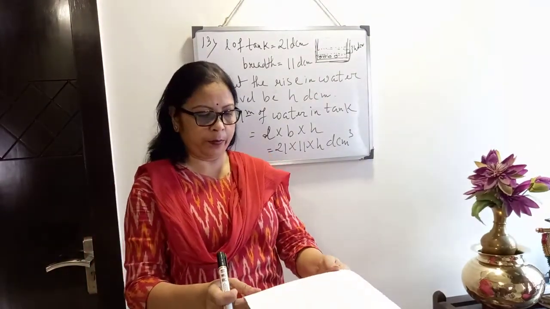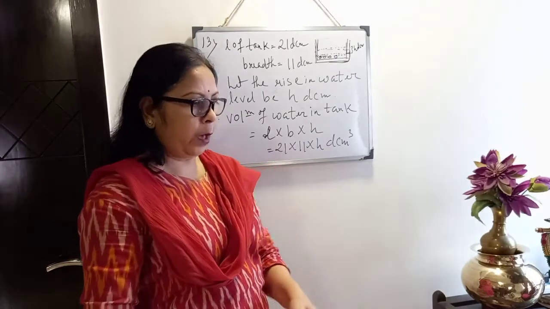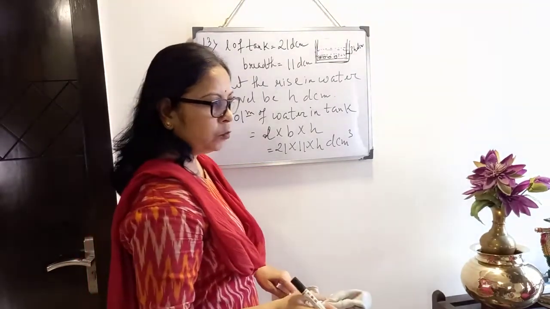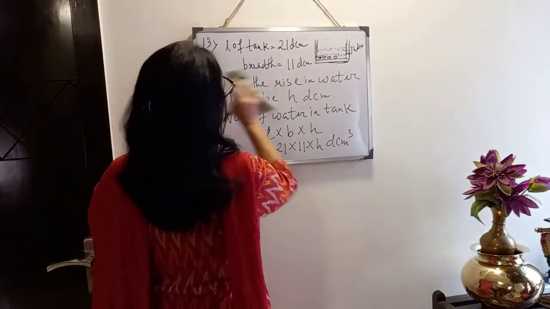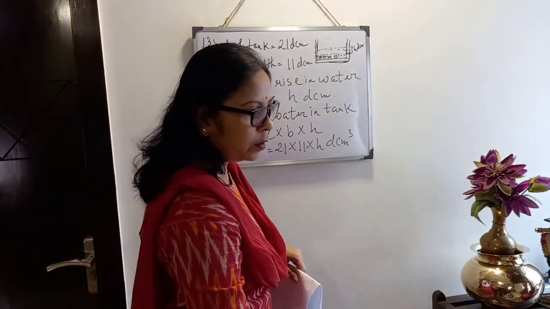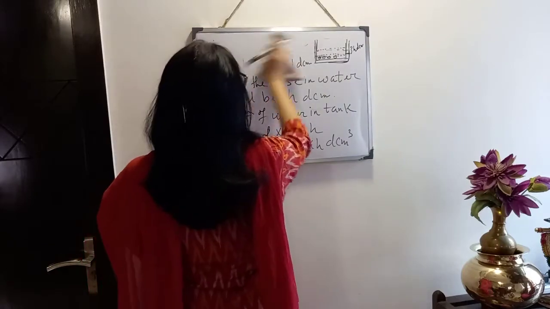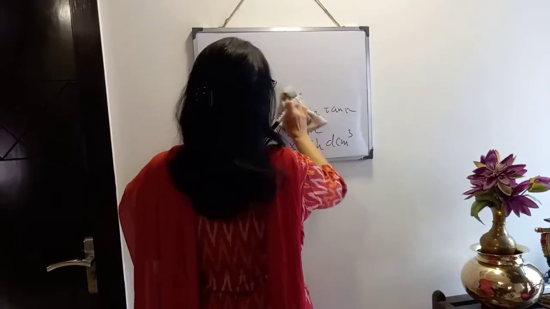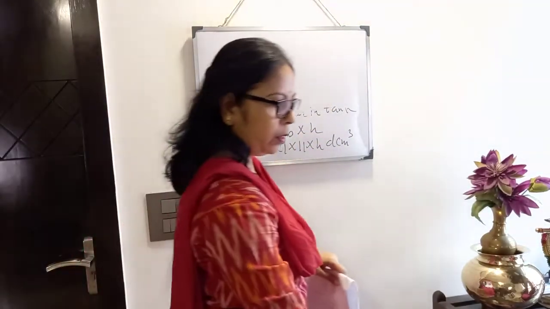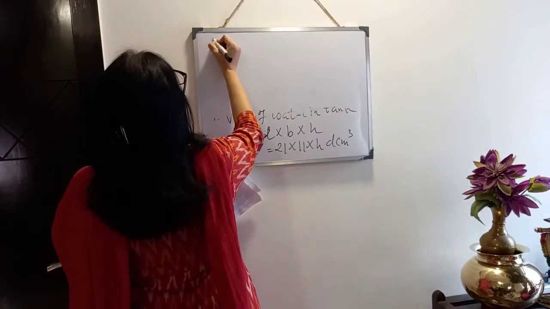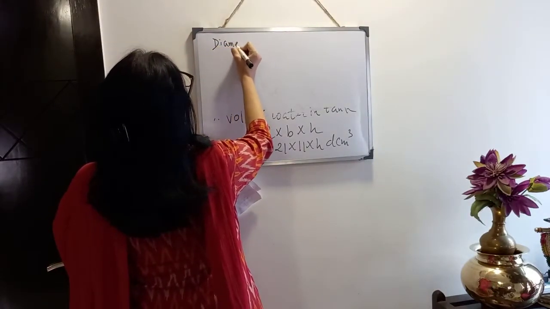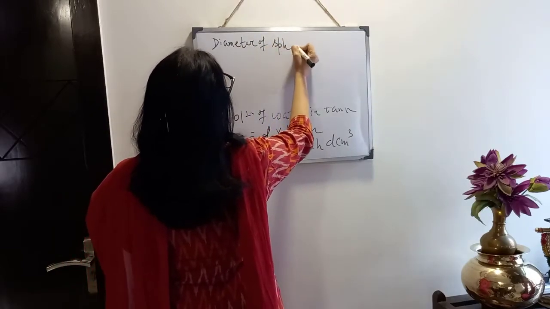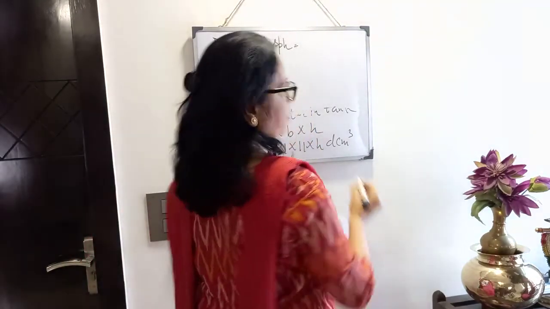Now main point. What we will do? We have to convert the unit of diameter of sphere. Here it is decimeter, and the diameter is given in centimeter. We will convert it. Diameter of sphere is 21 centimeter.